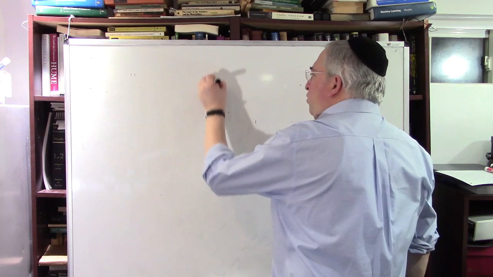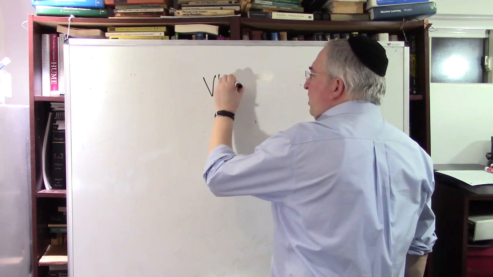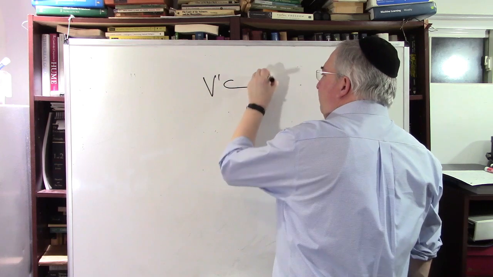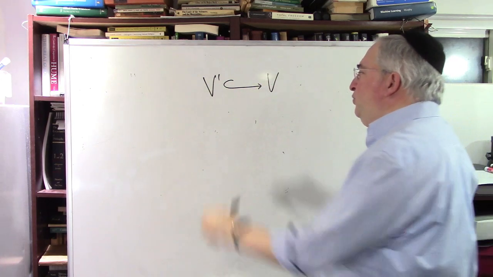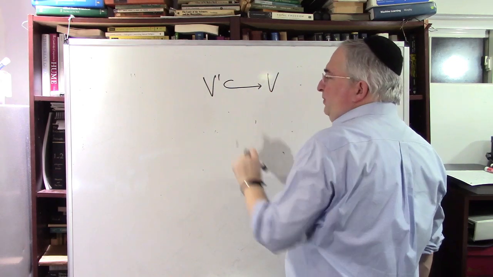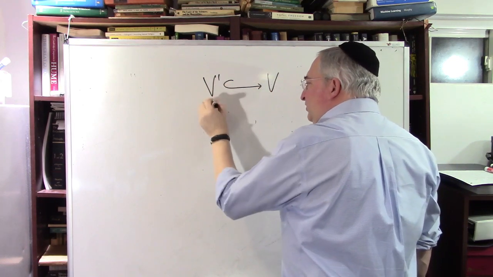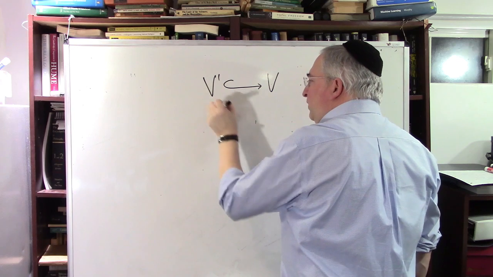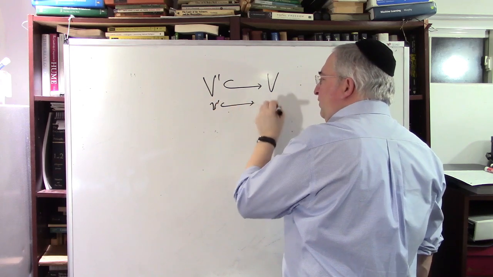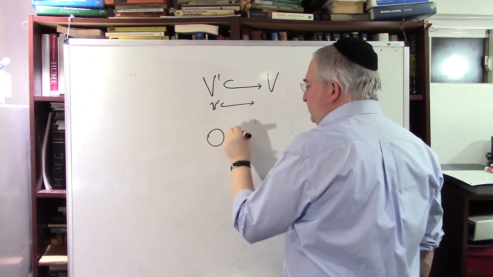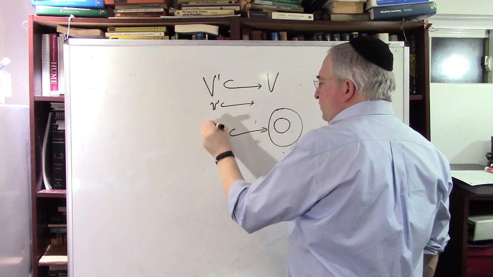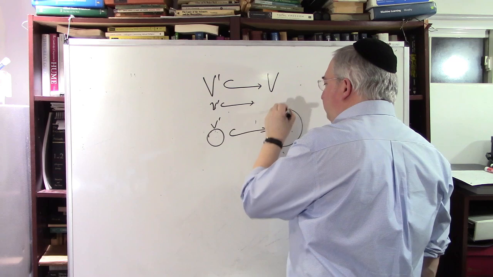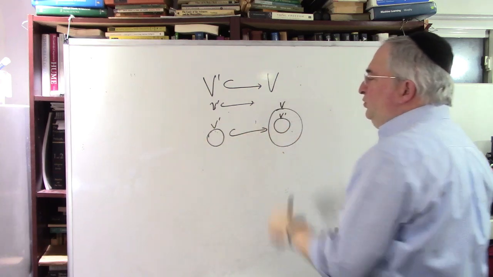Let's say V prime is a subvector space of V. So there's an inclusion map, a way of including little V prime into here. If you want, you can think of this picture as this: this goes into this, which goes into here. So this is V prime, this is V prime, this is V. One includes into the other.